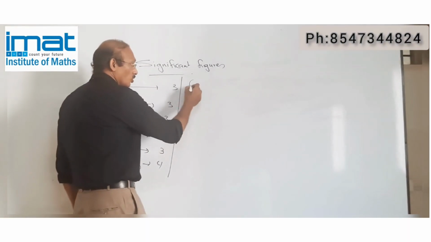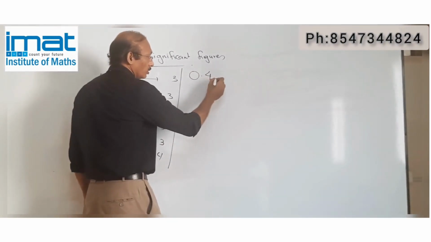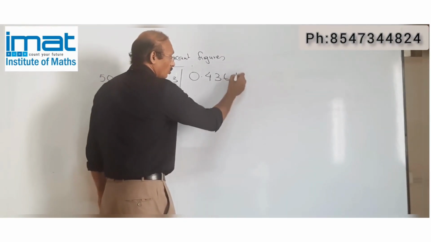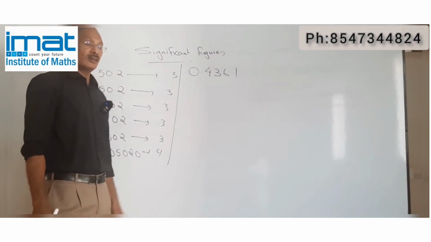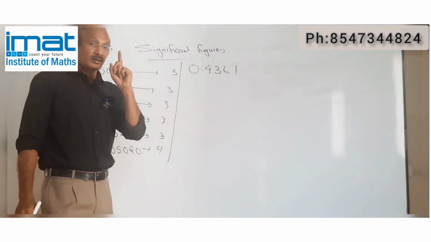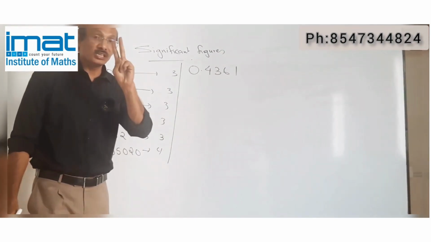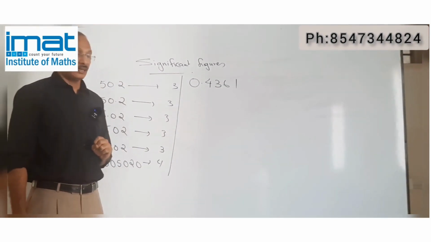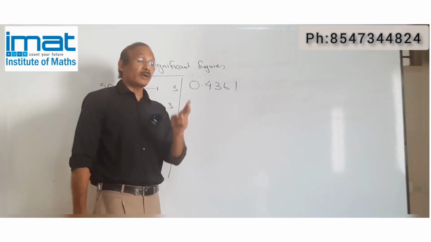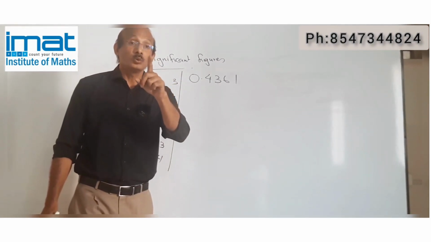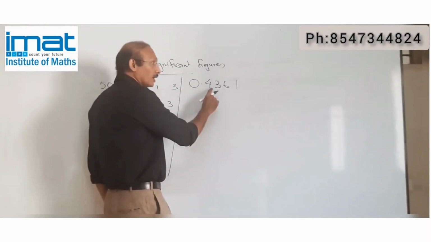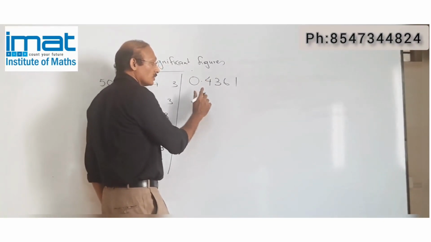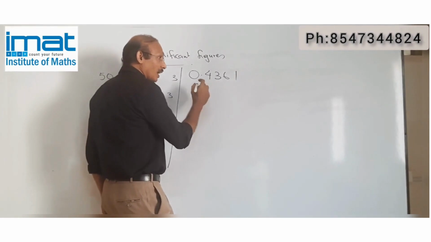Let's just see one question I'll give you. Say 0.4361. I want you to say this correct to two significant figures. I have given you 4 significant figures. I am asking you to correct to 2 significant figures. Now what you need to do is first say up to 3 figures.